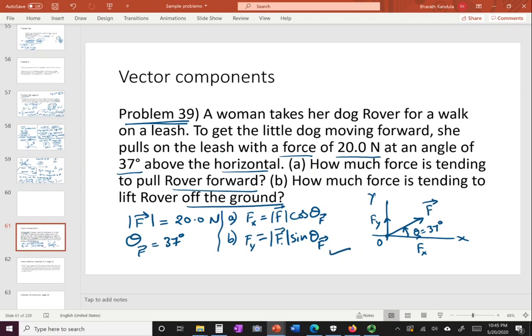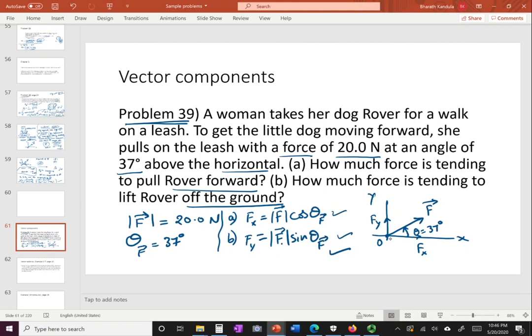Simply substitute these values here and you will get the Fx and Fy values. It is a very simple problem, but draw a diagram, carefully write down what is given in the problem, and find the correct equation to solve it. Also make sure you do the correct calculations. We are finding the x and y components of the force.